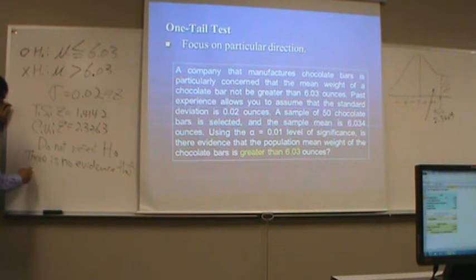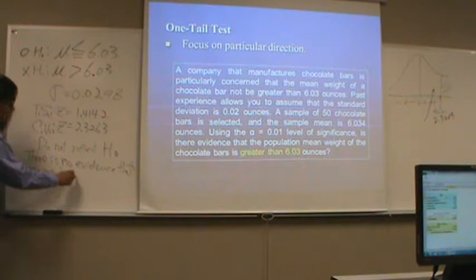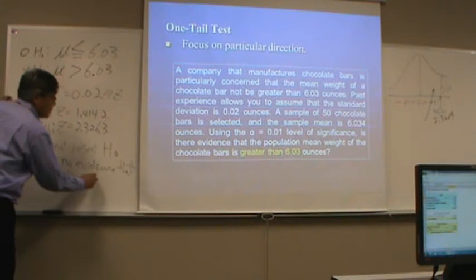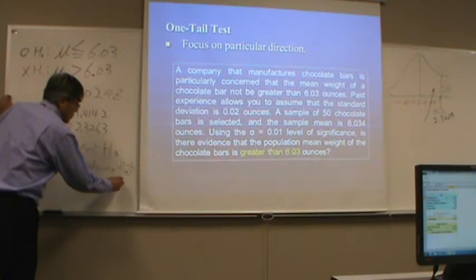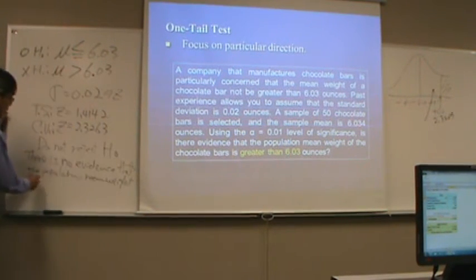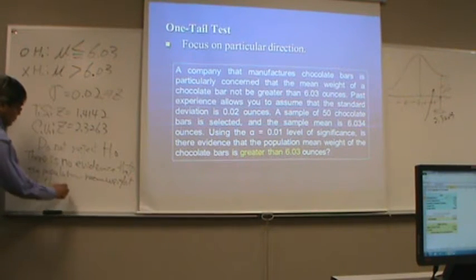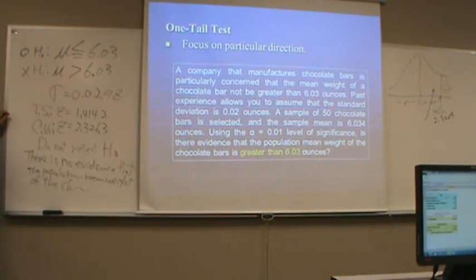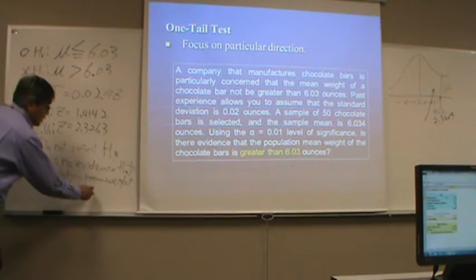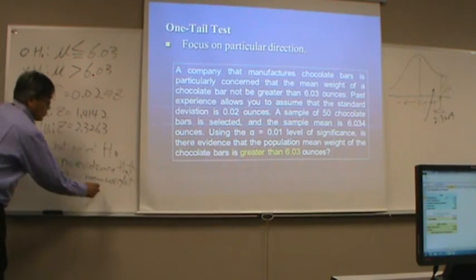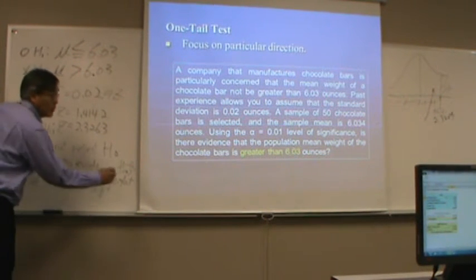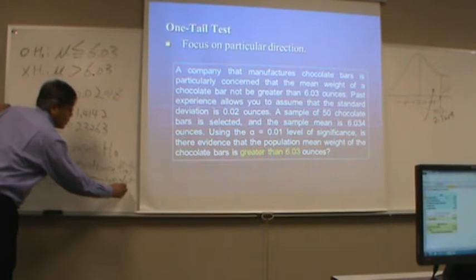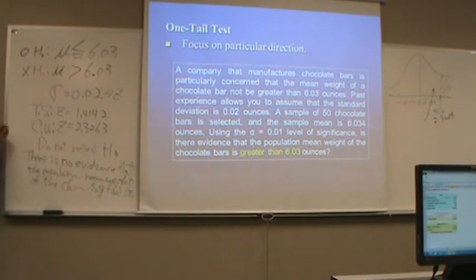The population mean weight of the chocolate bar is greater than 6.03 ounces, like this.